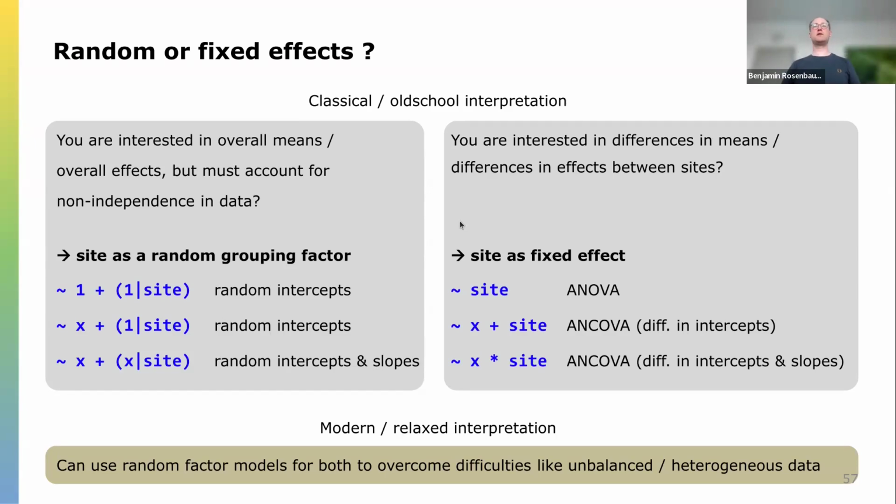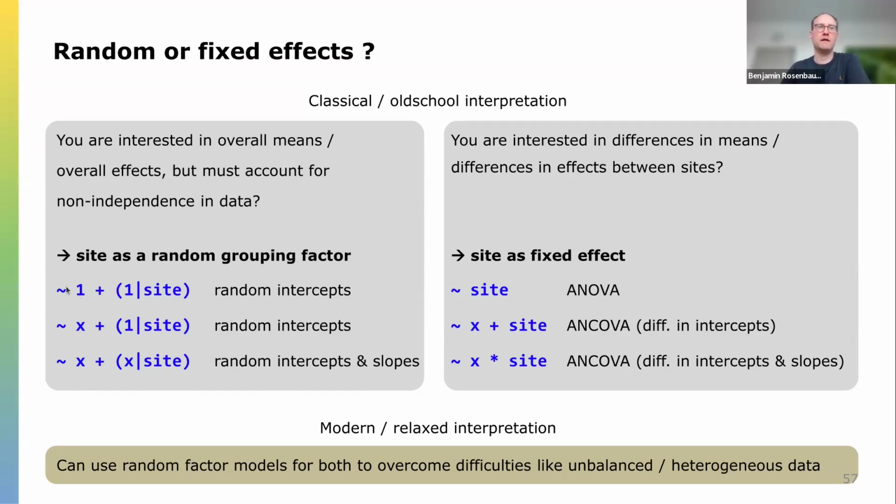And classically, the interpretation was very strict and also simple, easy to remember. If you're interested in the overall means, overall effects, but you must account for the non-dependence of the data, then you use this as a random effect.